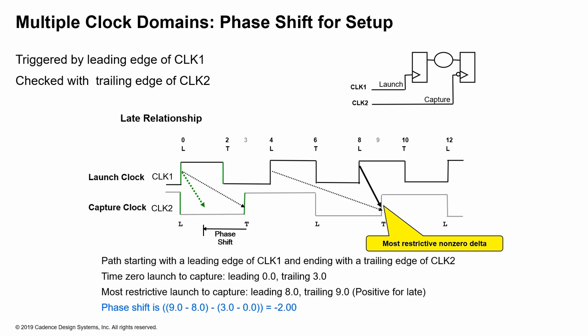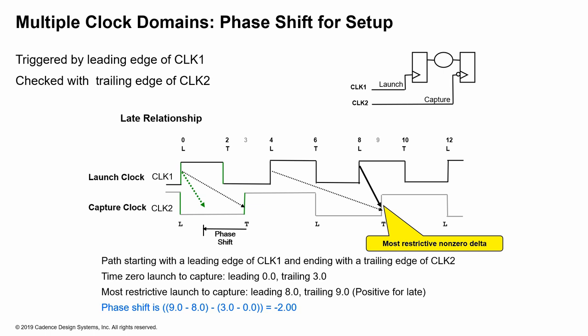So that the same scenario happens in the first clock cycle is what the phase shift is. If we look at the phase shift calculation, 9 minus 8, that is CE minus LE, minus 3 minus 0, which is C1 minus L1, and the value is minus 2.